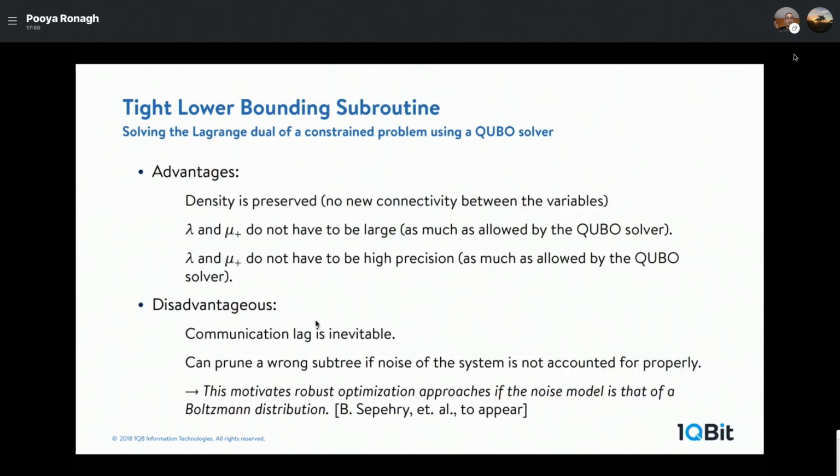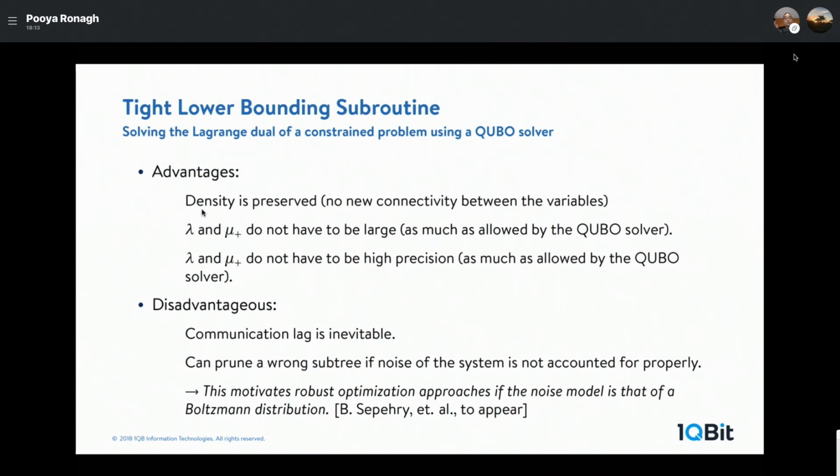Okay, so the advantage of solving this Lagrangian dual instead of the penalty term is that we have a lot of freedom in allowing these Lagrangian multipliers to, for example, be bounded by the precision that the QL solver is giving us, or they don't have to even be in a continuous domain. We can discretize them as much as we are allowed by the precision.